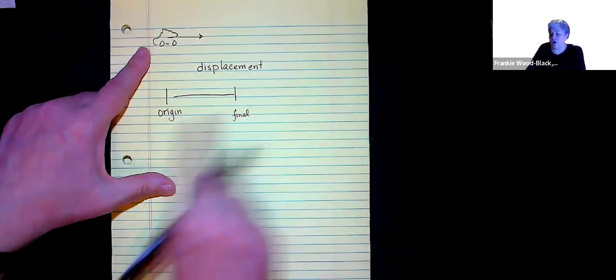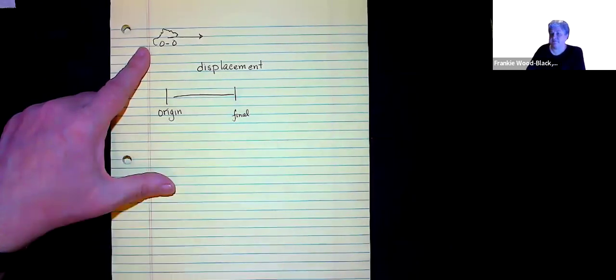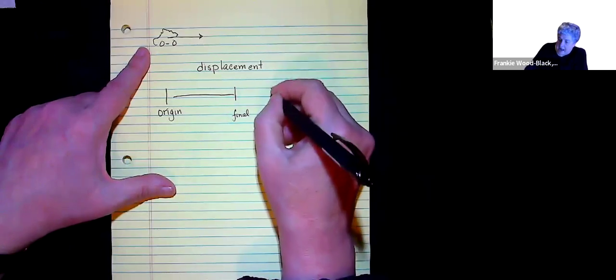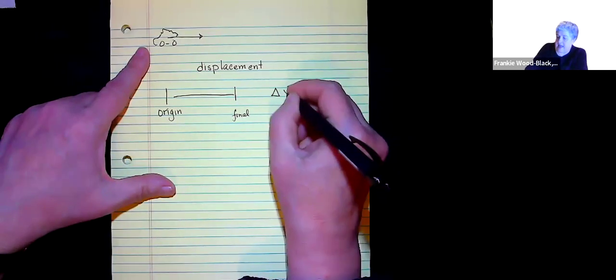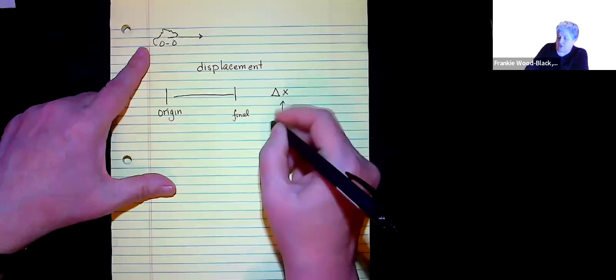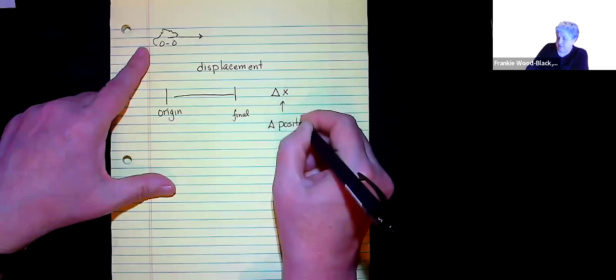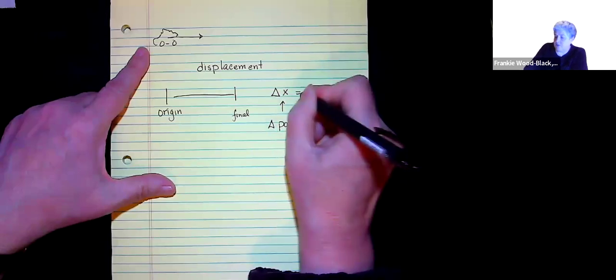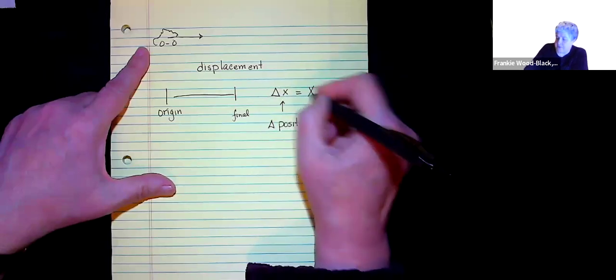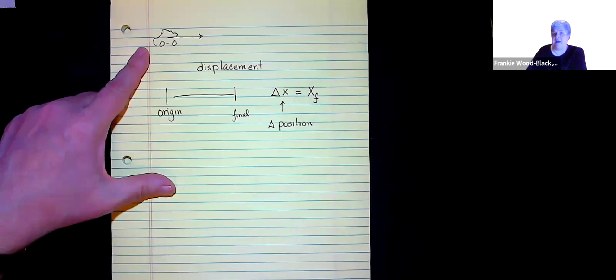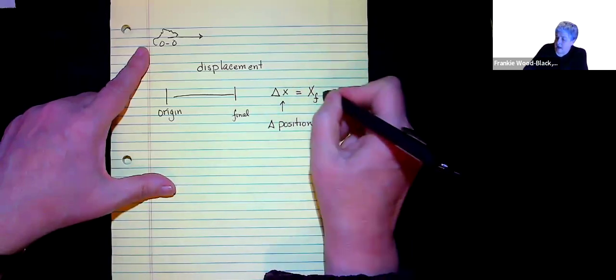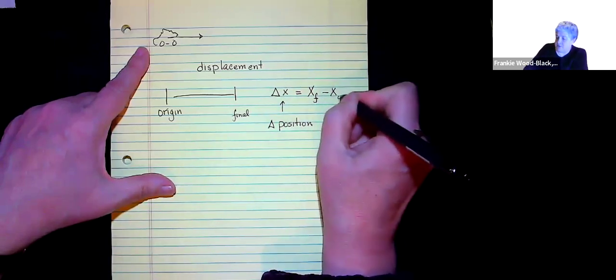That is our idea of displacement. So we talk about the change in x, or our change in position, is equal to our final position, which we're going to use an f, minus our initial position.